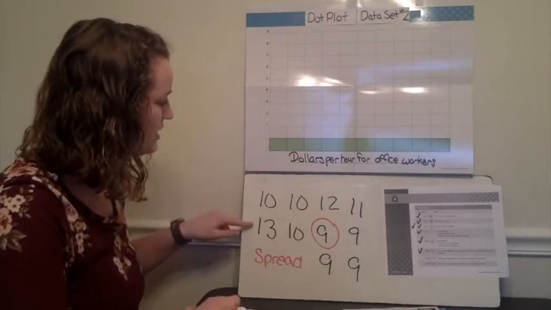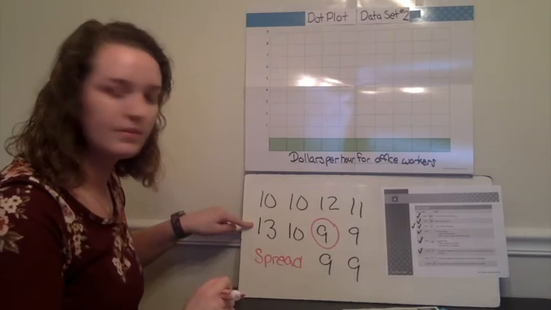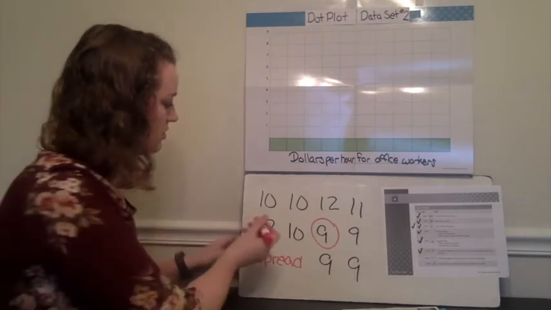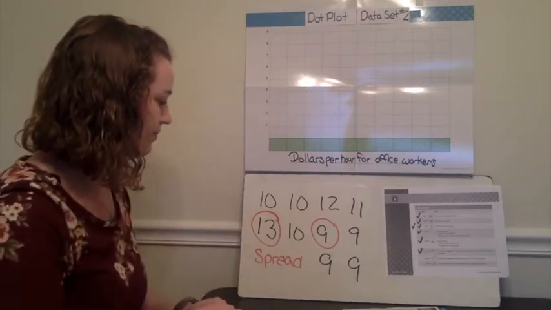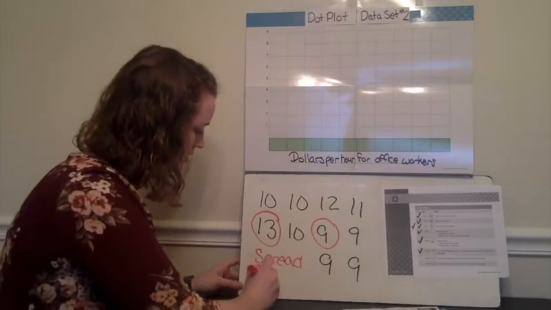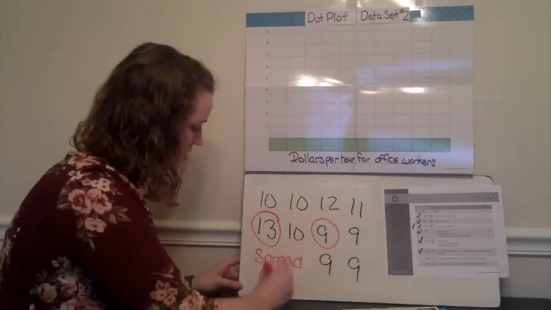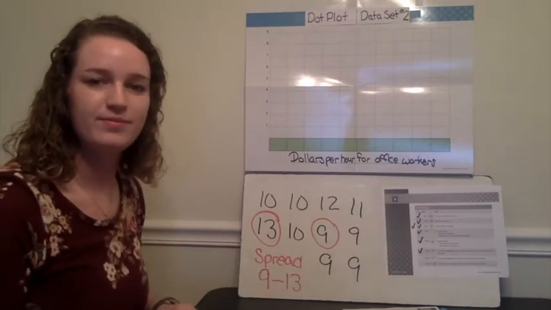Do we have a 14? Does it go up to 14? Nope. So 13 is our biggest number. Okay, so our spread is 9 to 13. 9 to 13. Okay?